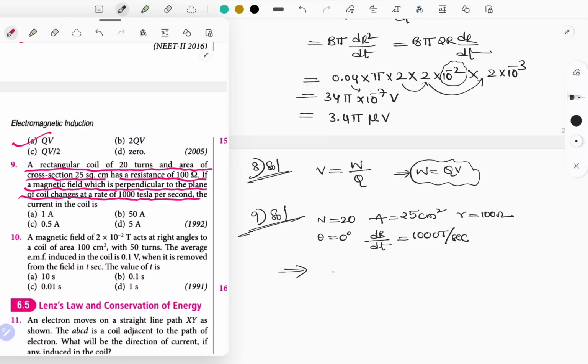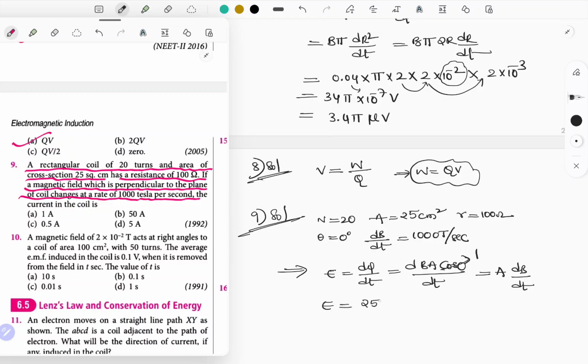First of all, let me find out induced EMF. Induced EMF is d phi by dt, which is equal to d of B into A into cos 0 divided by dt. Cos 0 is 1. So this formula is replaced here like A into dB by dt, because magnetic field is changing with respect to time, but area is constant.